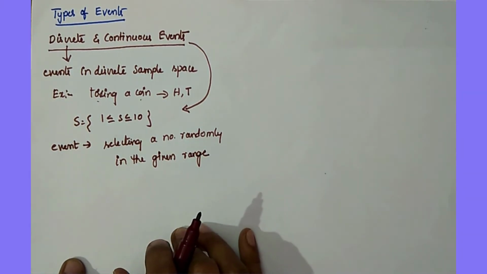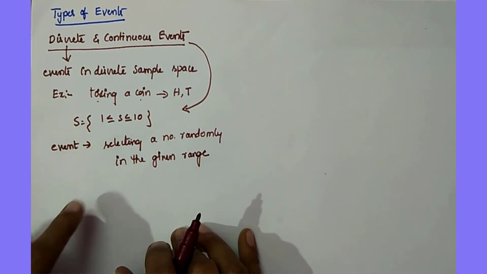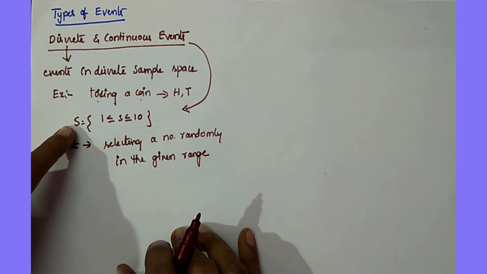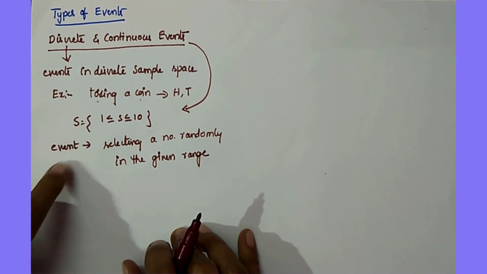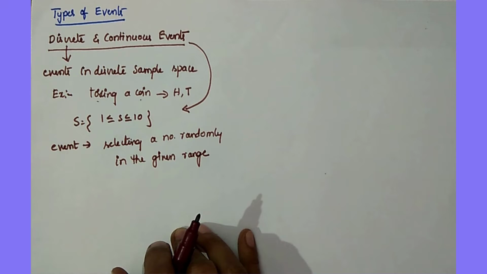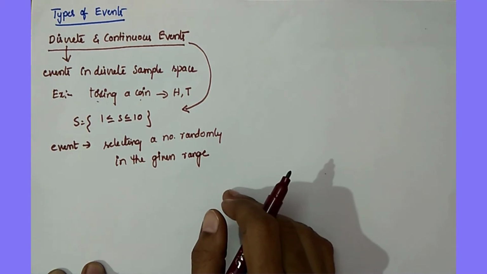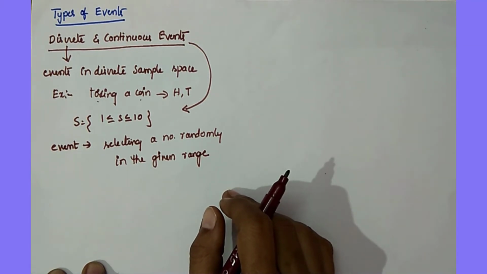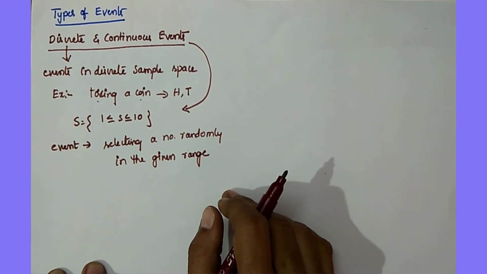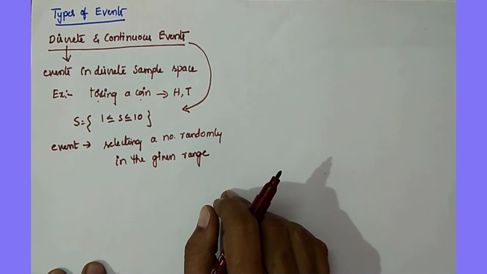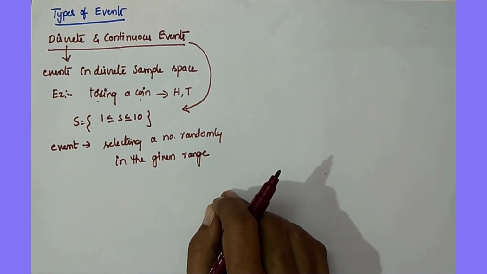Then, this is the sample space and the event is selecting a number randomly in the given range. It is a continuous event because in this range, selecting a number is very difficult and we can't find it actually because it consists of infinite range of values. Those type of events are called continuous events.